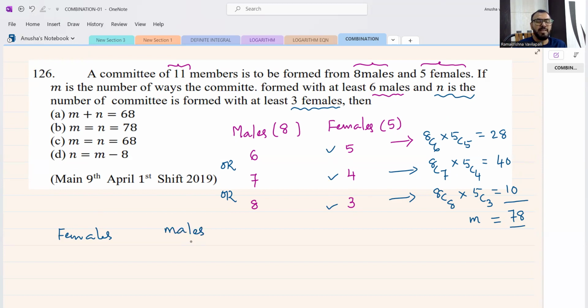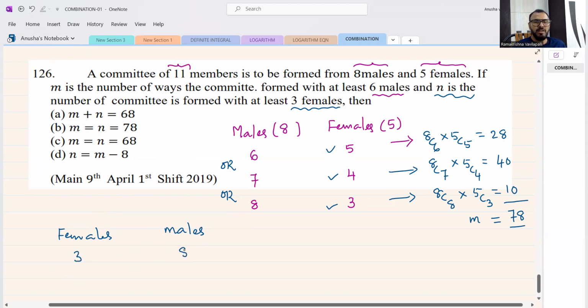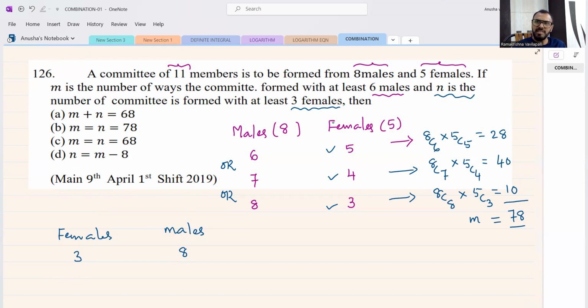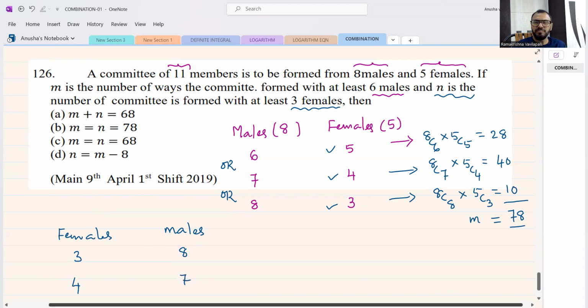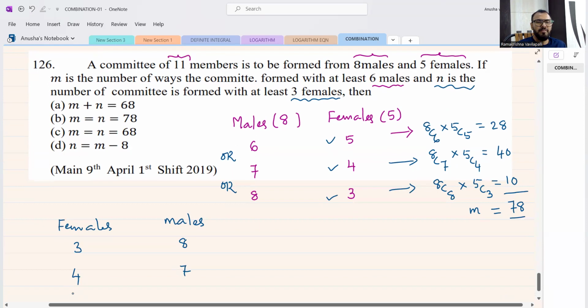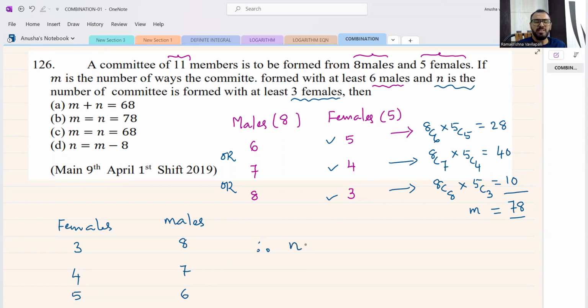You will get the same table and same number of ways. Whenever they say at least, you start from there onwards and increase 1 by 1. If they say at most, decrease 1 by 1. 3, 4, 5, and then 6. You got the same. So therefore, that N is also 78. So that's why M equals N equals 78.